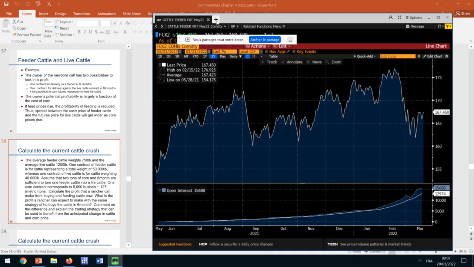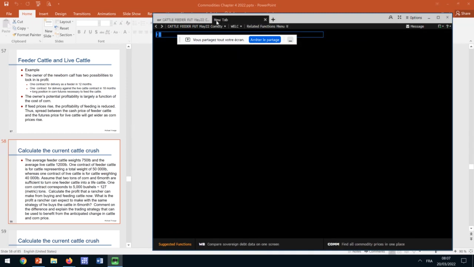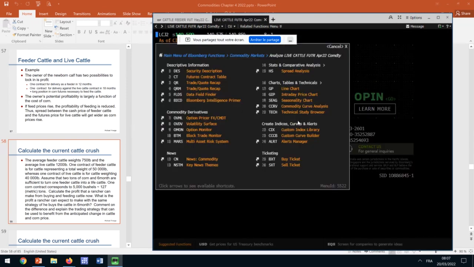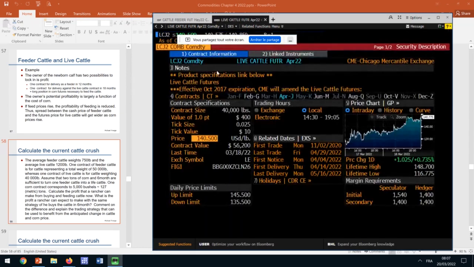So let's also look at the live cattle. Security description, let's start by that. So live cattle is 40,000 pounds. It's a smaller contract, strangely.